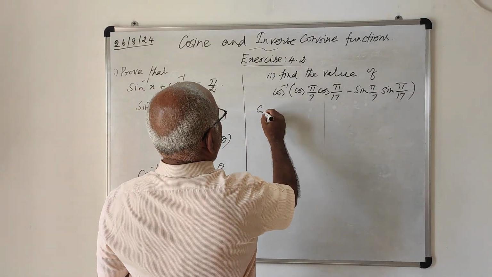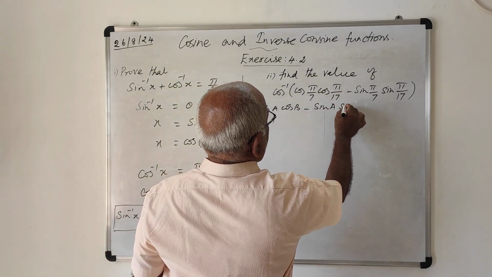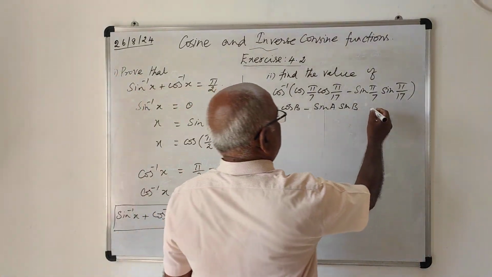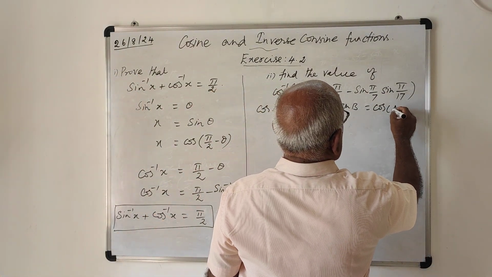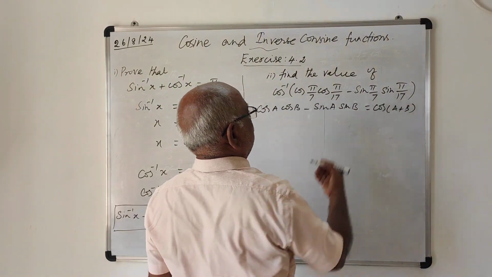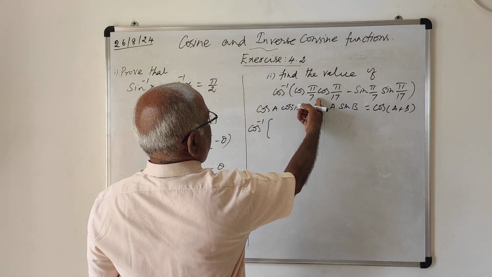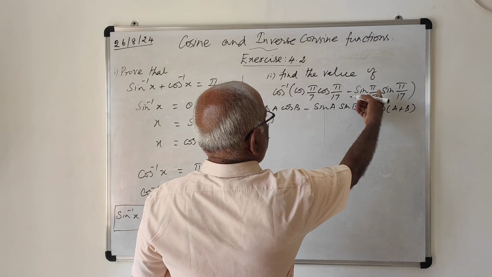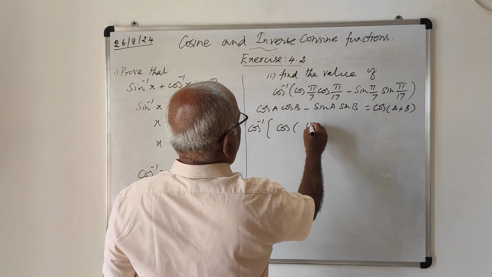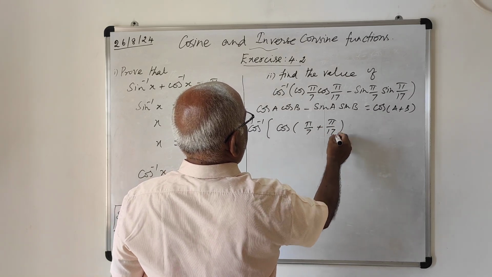You know one result: cos A cos B minus sin A sin B is cos of A plus B. By using this idea, cos pi by 7 cos pi by 17 minus sin pi by 7 sin pi by 17 is cos of pi by 7 plus pi by 17.